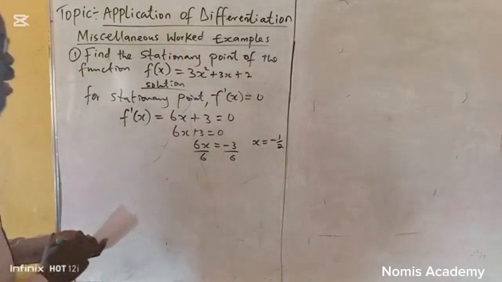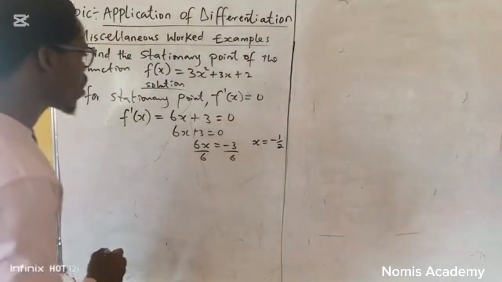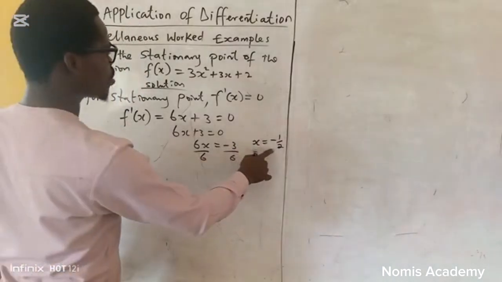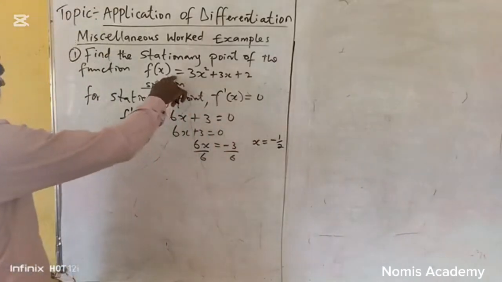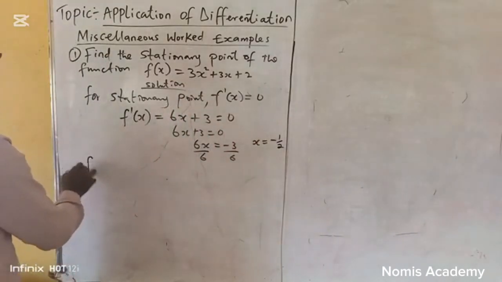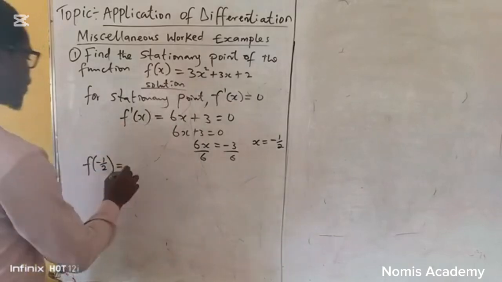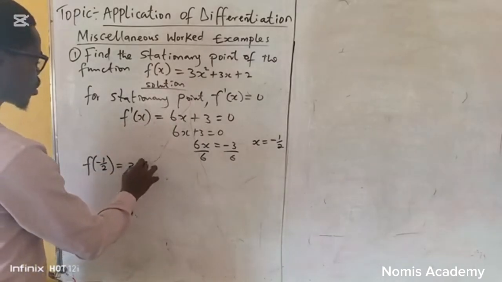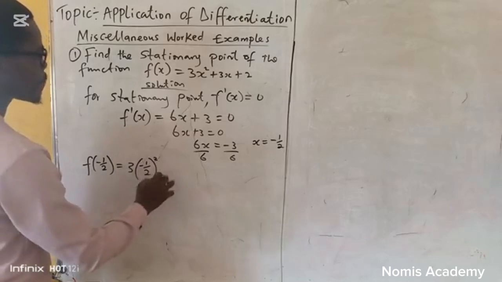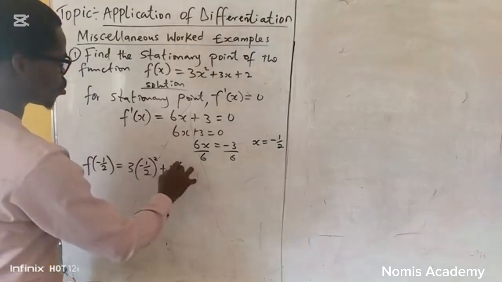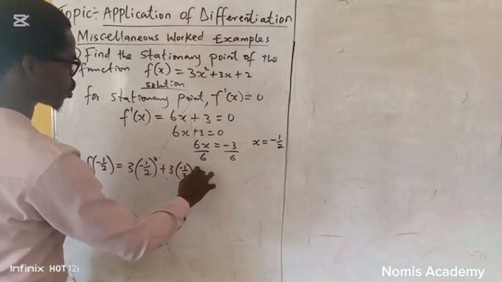So that is the value of x. Alright, so we are going to substitute this value in the function given. So f of minus 1 over 2 will be 3 into minus 1 over 2 squared plus 3 into minus 1 over 2 plus 2.